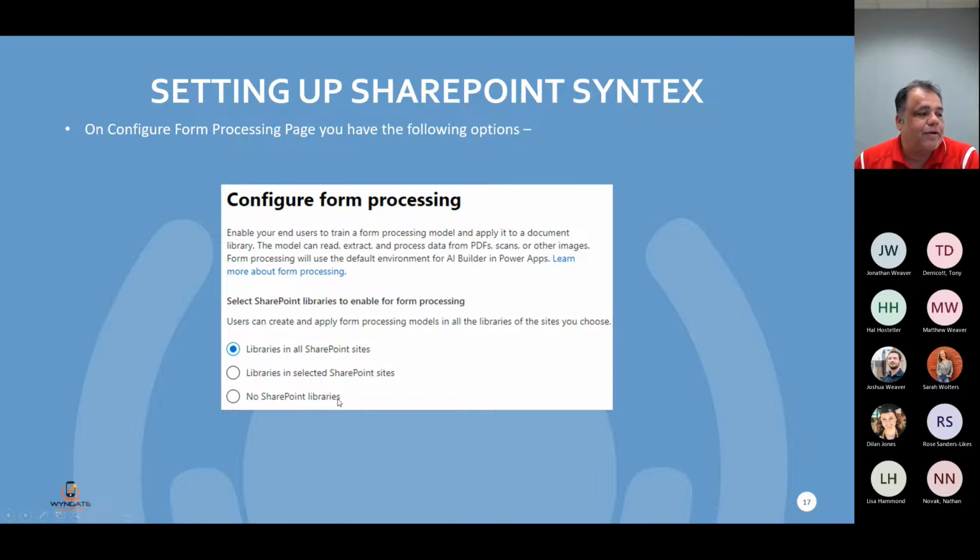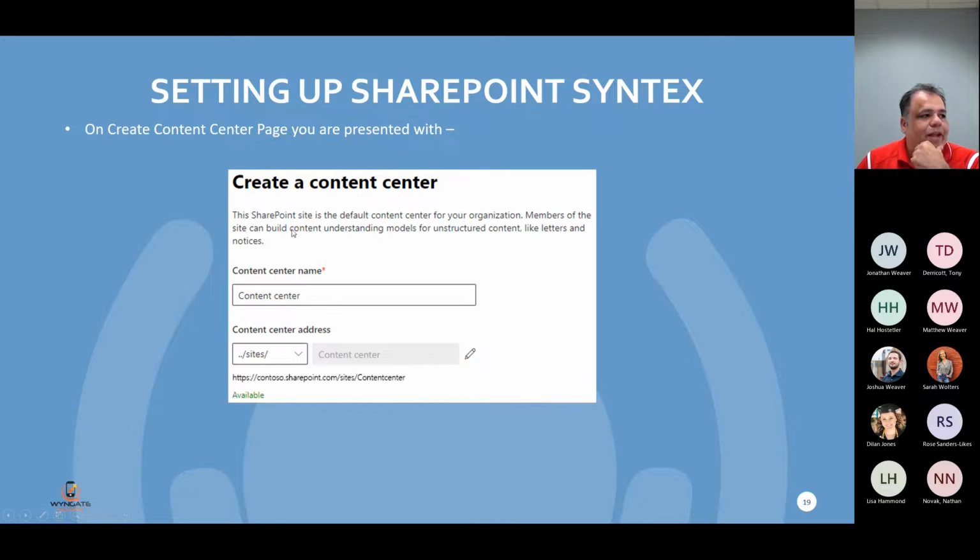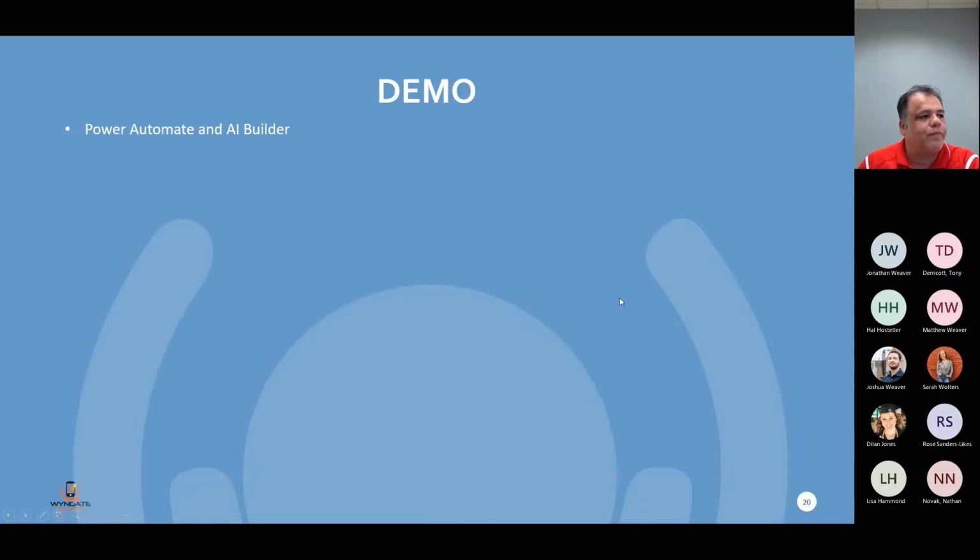You can select that no SharePoint libraries will be using it. If you manage multiple environments, then it will ask which environment you want this to be deployed to. And then you create, as I mentioned earlier, the content center, which is nothing but just a SharePoint site collection. So you specify the content center name, the site address, and so forth.